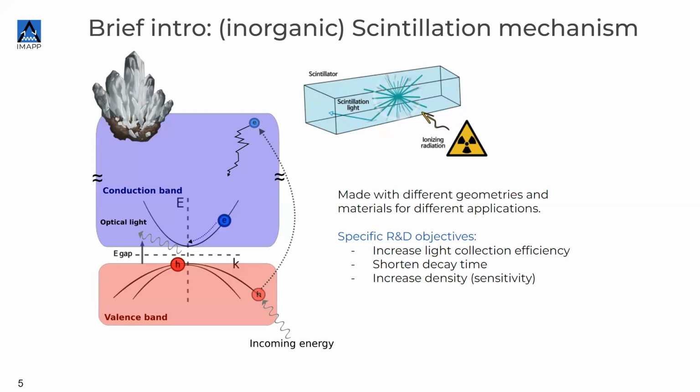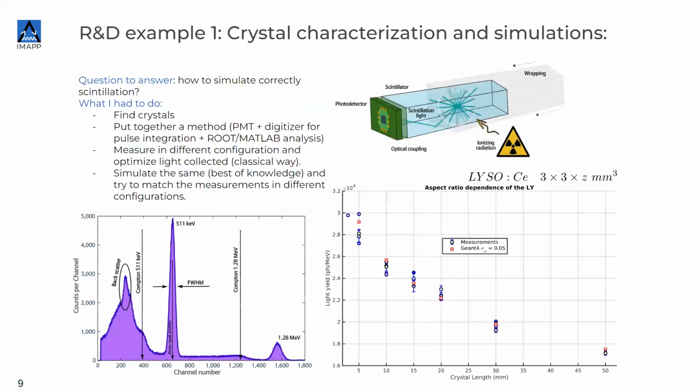I don't know if you know what pile-up is, but the shorter the signal, the more signals you can have one after the other without them being spoiled by another one before it, so it's not sitting on the previous signal. And increase the density because you want to increase the sensitivity, and this is a major problem in medical physics, for instance, but also in calorimetry. So scintillators are used in calorimetry as well, and you will see them later on in the presentation.